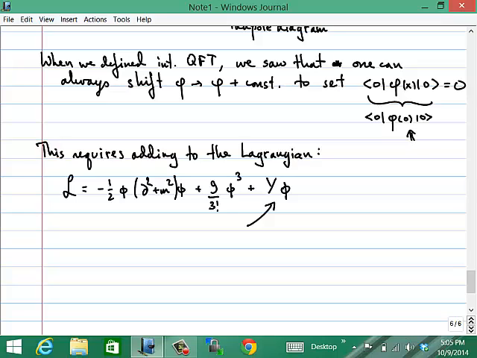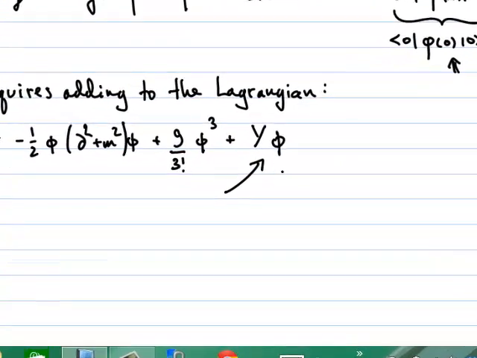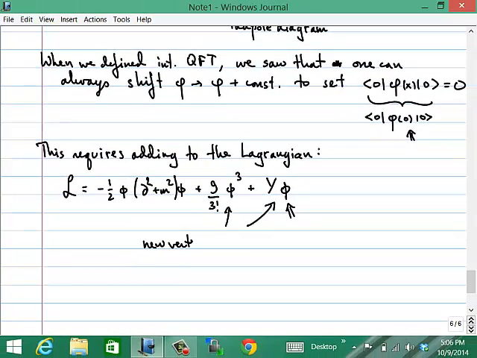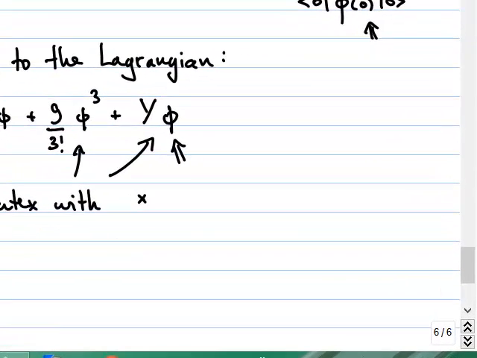In particular, let's just imagine what would happen if we had a new interaction term, a new term in our Lagrangian that was linear in phi. Okay. So if a cubic term leads to a Feynman diagram with a vertex with three things coming out of it, this additional term will lead to a new type of vertex with one line coming out of it. So it'll look something like that.